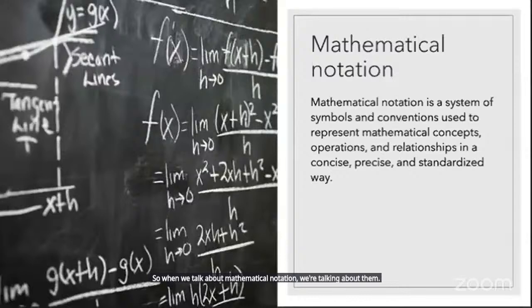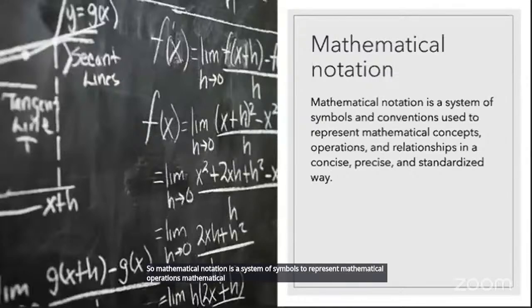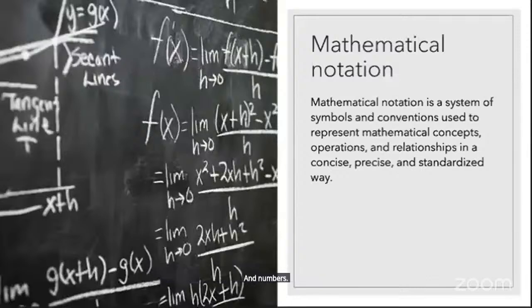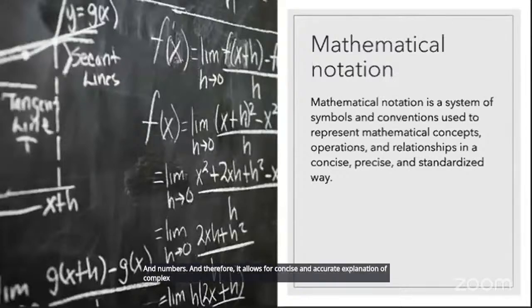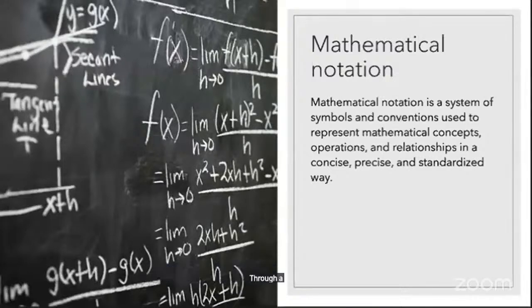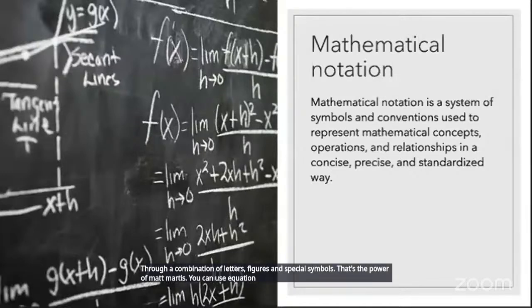Symbols, concepts, etc. Mathematical notation is a system of symbols to represent mathematical operations, relations, concepts, and numbers. It allows for concise and accurate expression of complex ideas and formulas through a combination of letters, figures, and special symbols. That's the power of mathematics. You can use an equation or a formula to represent a very complex idea.